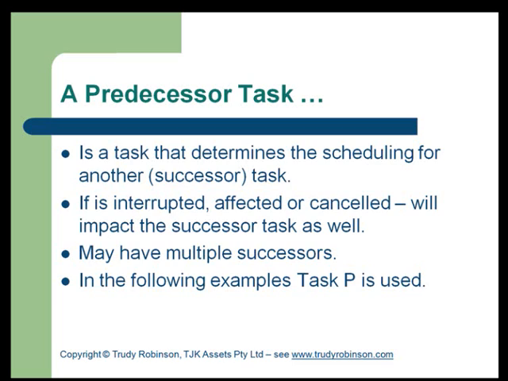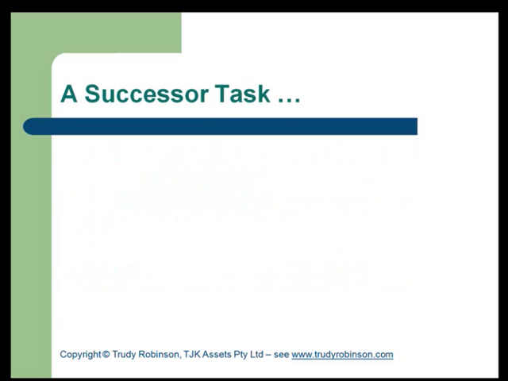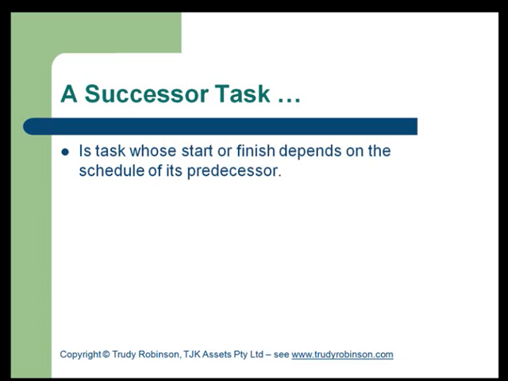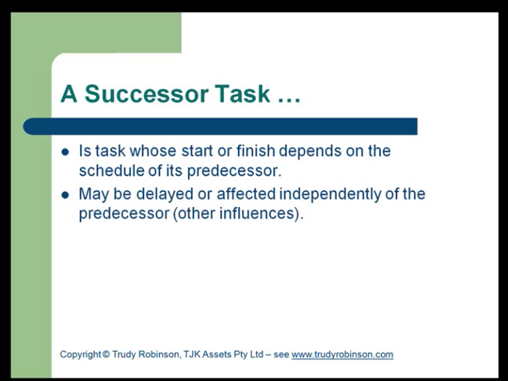In all the following examples in this presentation, a predecessor task is identified as task P. A successor task, on the other hand, is a task whose start or finish depends on its predecessor. A successor may be delayed or affected independently of its predecessor.